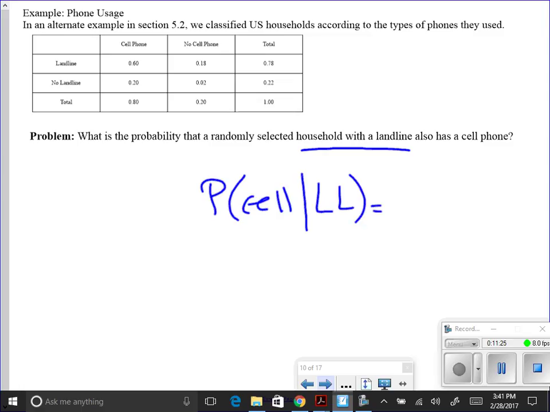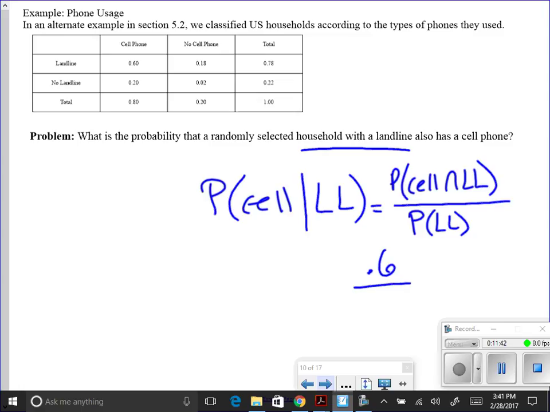So if we use our formula, that would be the probability of cell phone and landline over the probability of landline. So cell phone and landline would be 0.6. Just landline is 0.78. So 0.6 divided by 0.78 is 0.77.